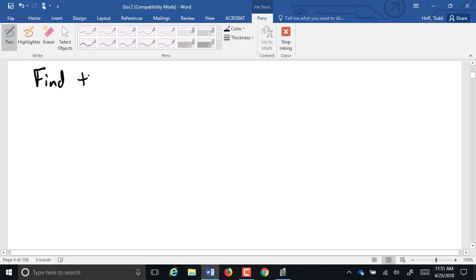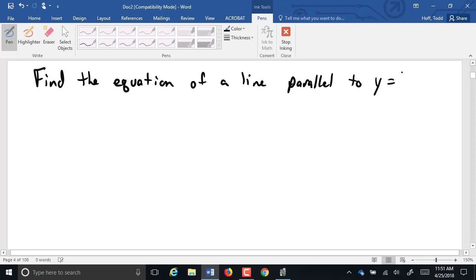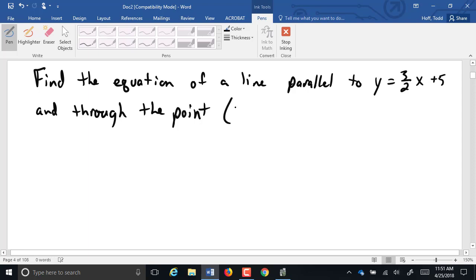We can find the equation of a line parallel to y equals 3/2 x plus 5 and through the point 6, 5.